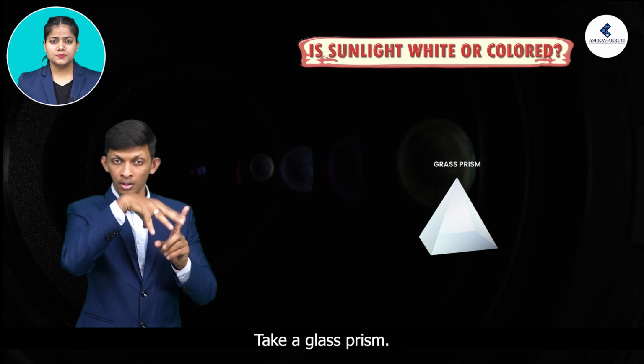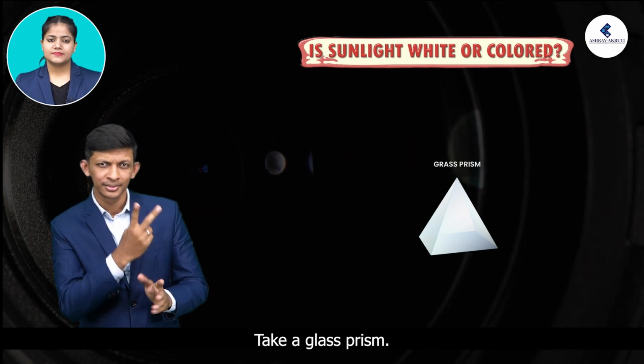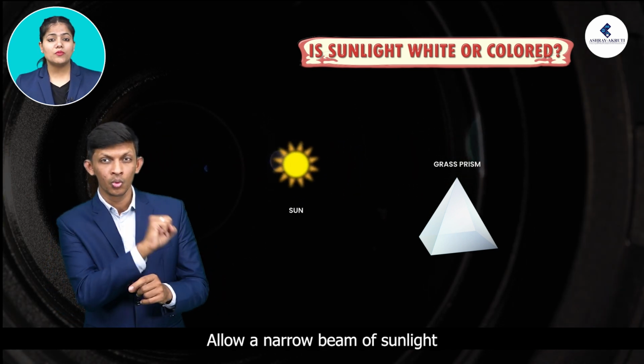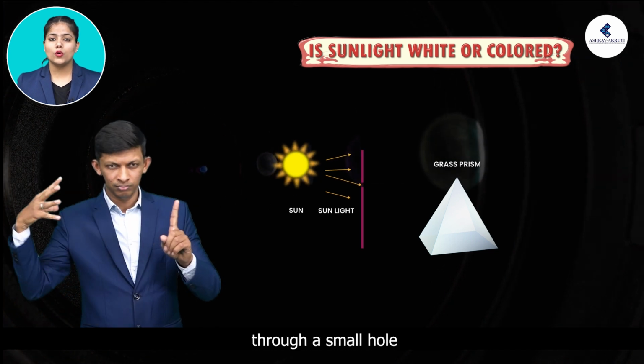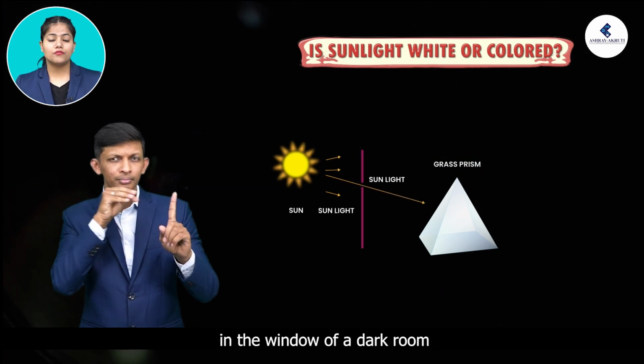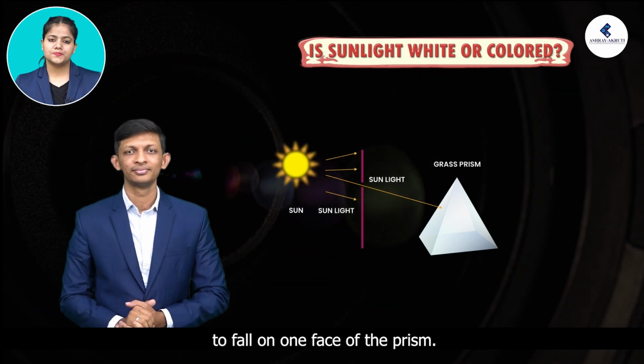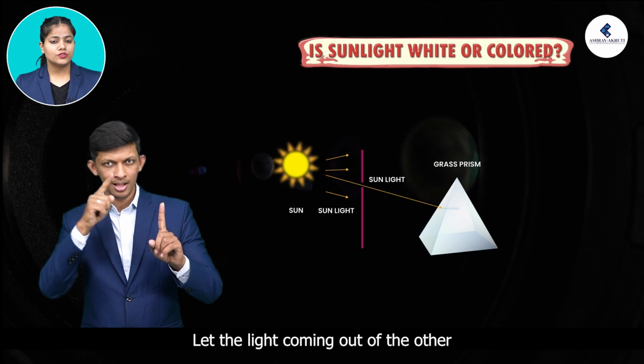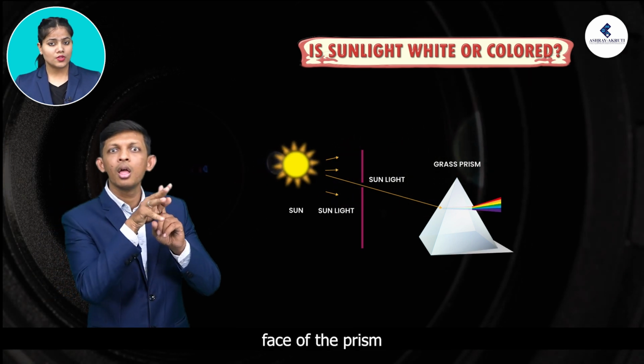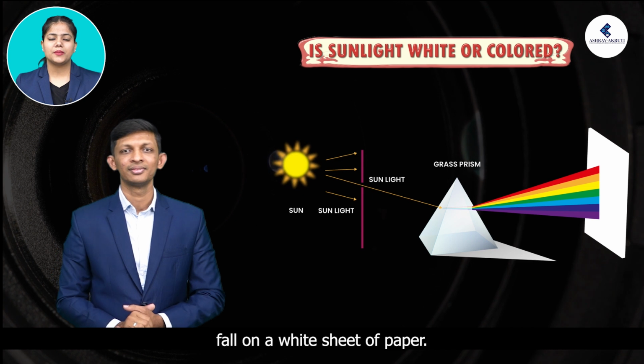Take a glass prism. Allow a narrow beam of sunlight through a small hole in the window of a dark room to fall on one face of the prism. Let the light coming out of the other face of the prism fall on white sheet of paper.